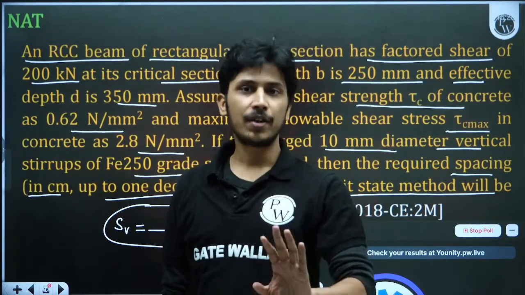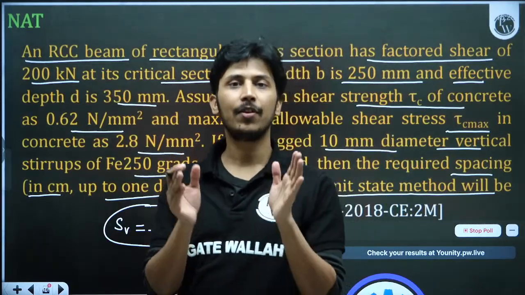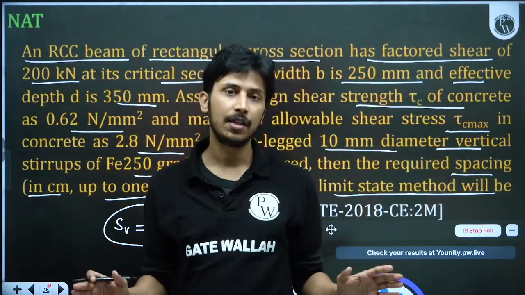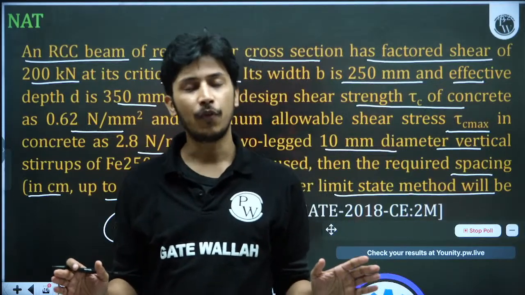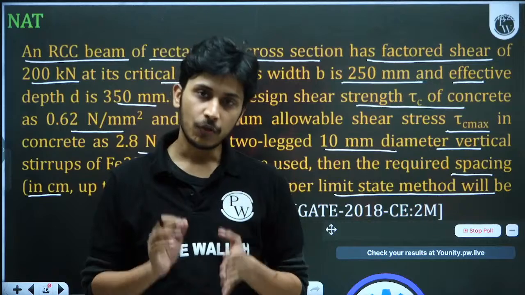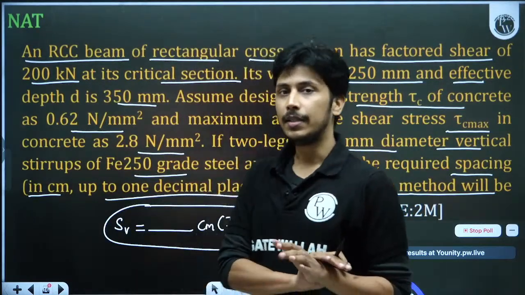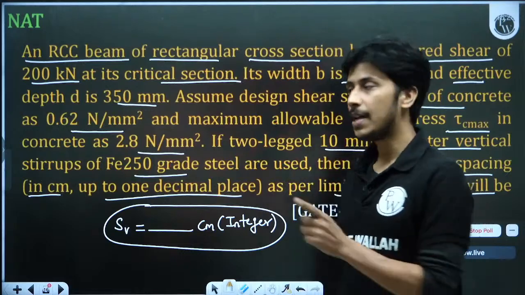You can see the theoretical part from there, because I requested all the students to join that theoretical class for the full RCC theory and the equations in that continuous 7-hour one shot class. If you have not joined, I request you to see that class. That class was the theory class. This class is the numerical class.